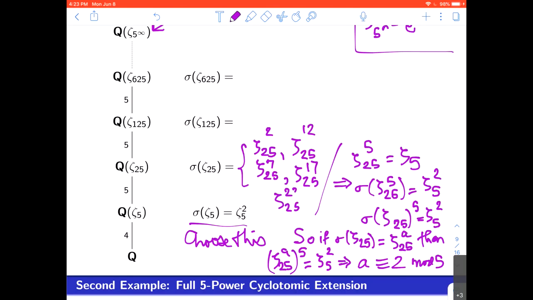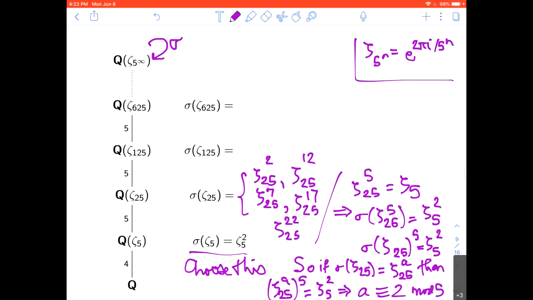Anyway, the upshot is that you got a constraint. The constraint is the power has to be something that's 2 mod 5. And if you call this zeta 25 to the a, well, the 125th root of unity is going to have to go to something whose exponent will have to reduce to what you picked for the exponent on a.